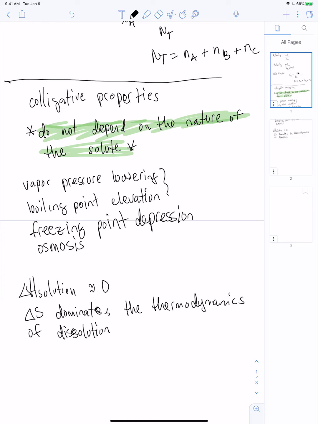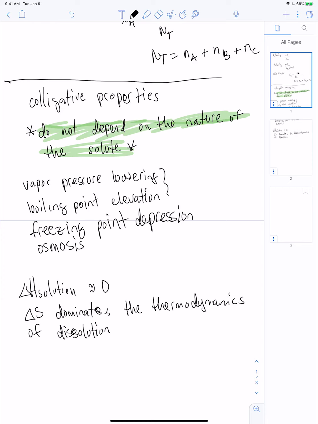Remember that in one of the other lectures, we talked about what delta H really is from a chemistry perspective. Delta H is the change in the energy of a particular system that is related to the chemical bond.